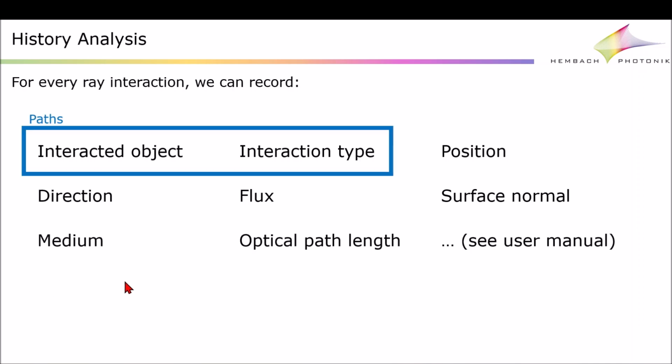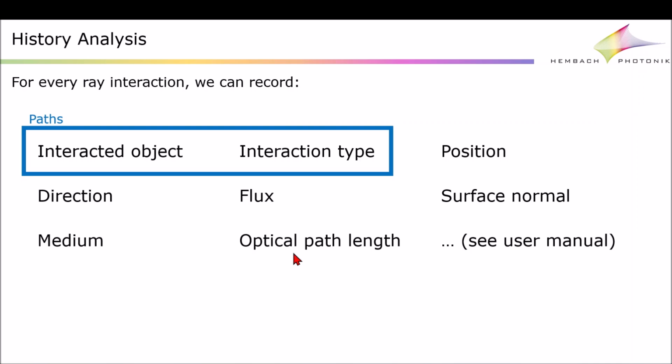In the previous videos, we have already seen how to inspect the paths for a ray tracing simulation. And while the paths allow us to see the sequence of interacted objects together with the corresponding interaction types, the interaction logs will provide us with a more complete description of the individual ray surface or ray volume interactions.